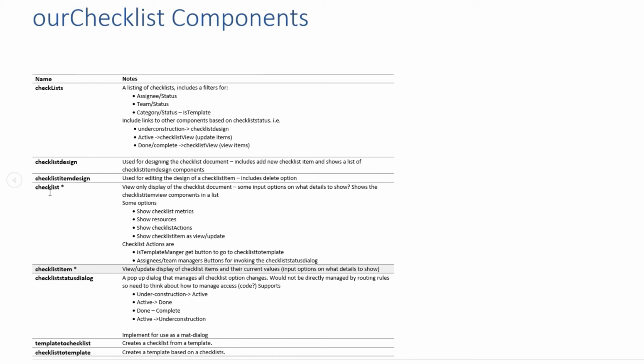The next one, and I'll put an asterisk next to these two, checklist and checklist item. I was thinking of having two separate sets of these, one for pure views and then one for doing the updates of the values on the checklists.